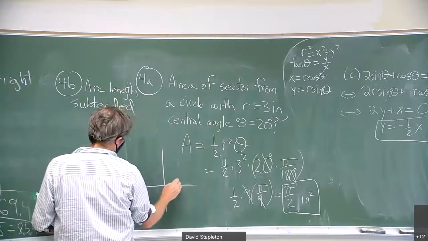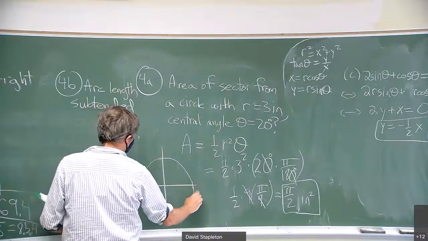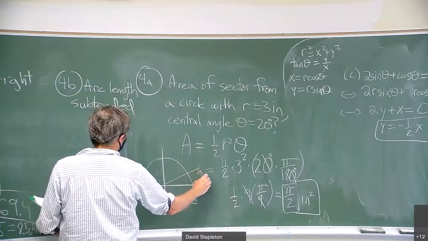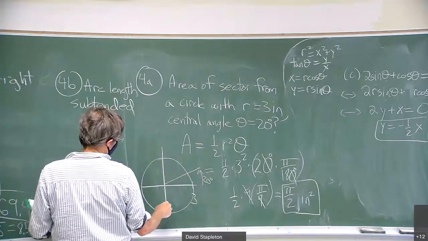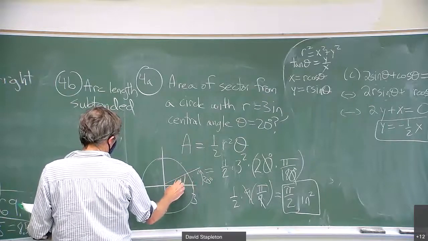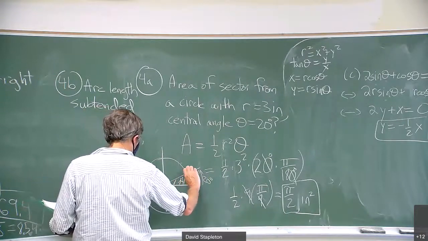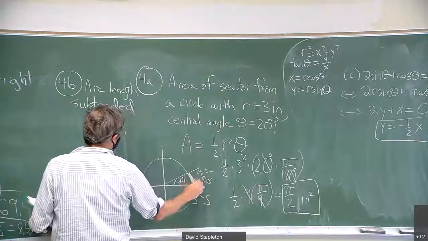You can draw it here. A circle of radius 3 inches, and I went 20 degrees, something like that. A little less than 1/4 of a right angle. And this was the area. The arc length is just this distance here along the edge, right? That's what you usually call it.